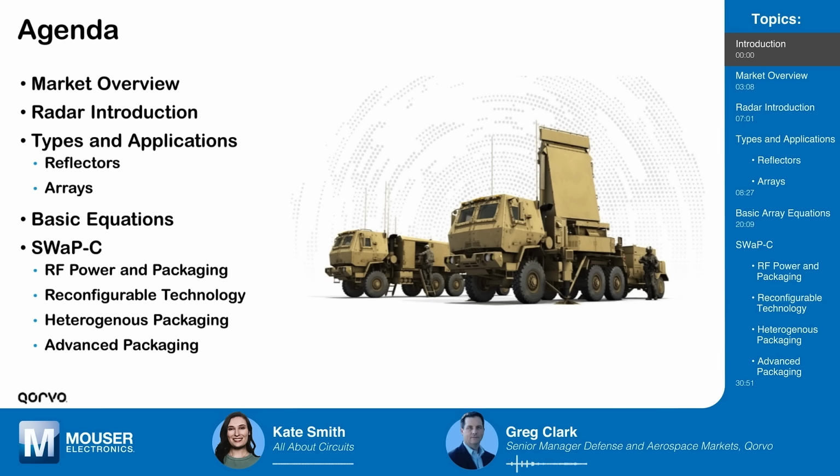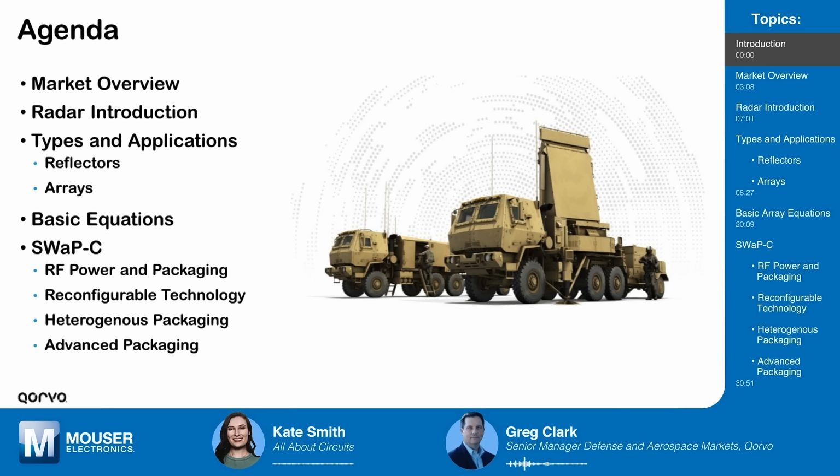From an agenda standpoint, very high level, just a very quick market overview in terms of dollars spent related to radar. There's a slight radar introduction, so for those that may not know what a radar is, types and applications, then we'll have some basic equations.